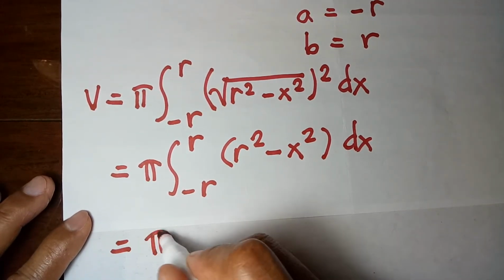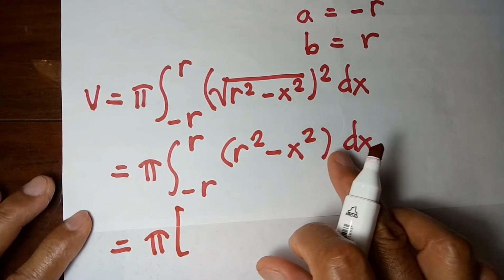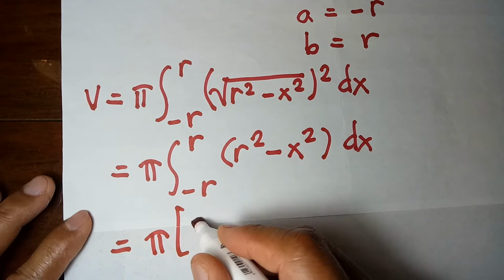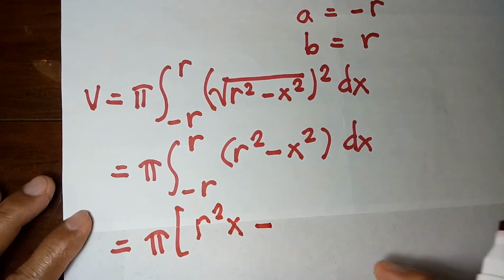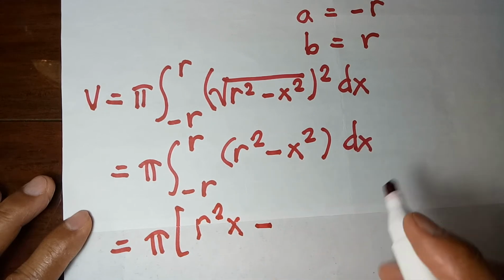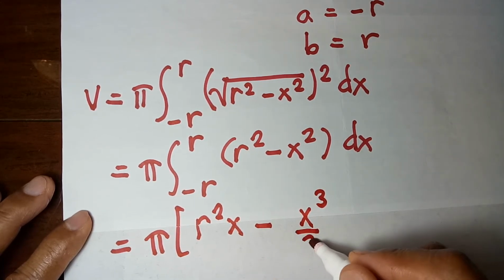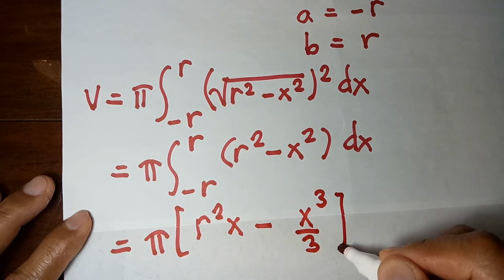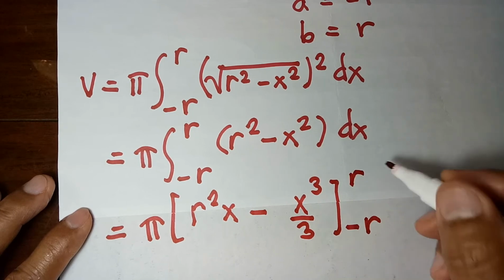So, I'll have pi, no? I repeat, integral of r squared dx equals r squared x. And then, integral of x squared dx equals x cubed over 3. And then, from negative r to positive r.